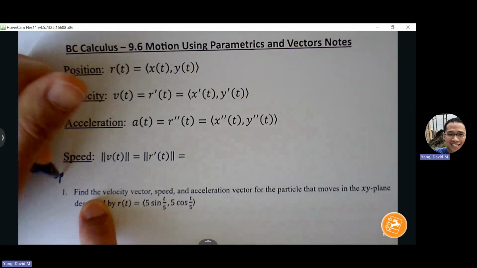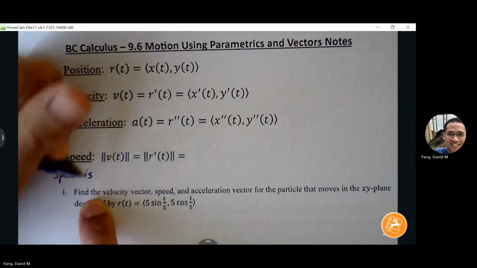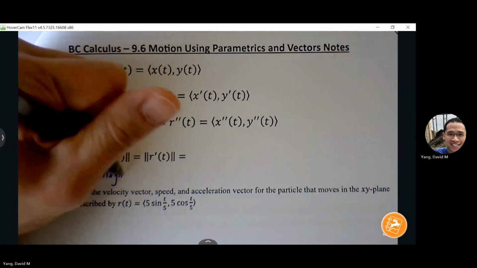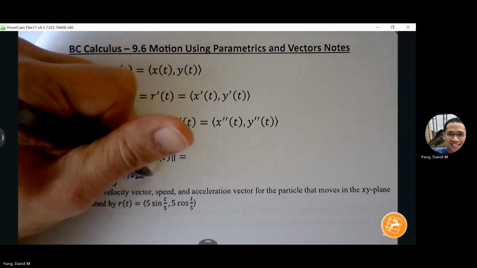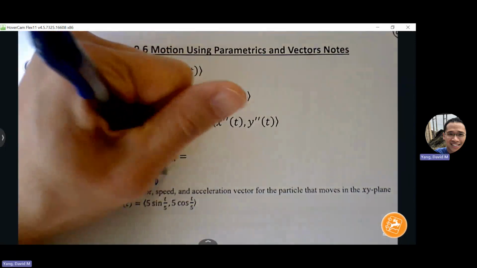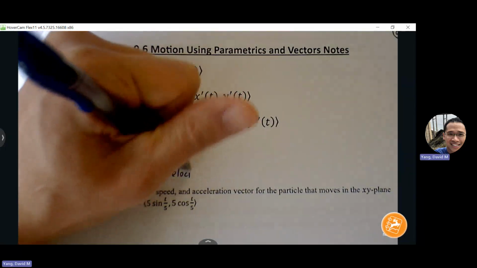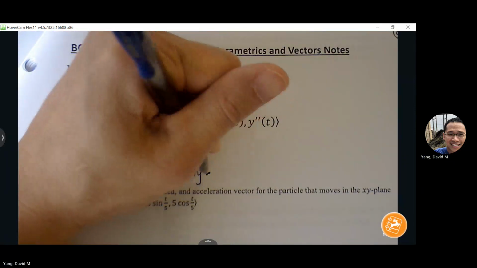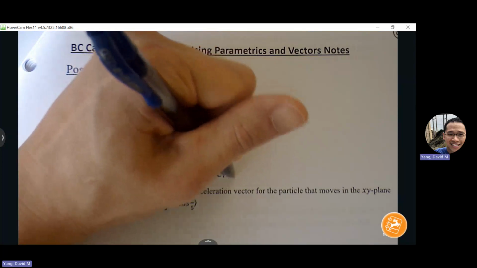Speed is the magnitude of a velocity vector. So speed has no direction. It's just this magnitude.